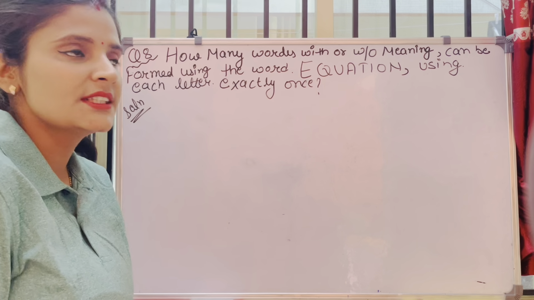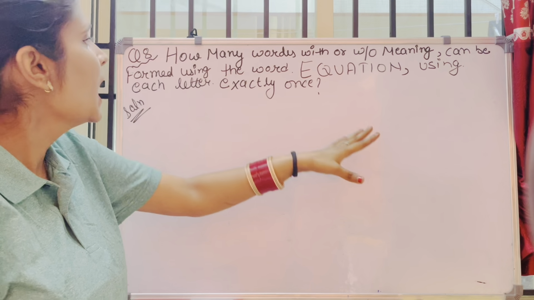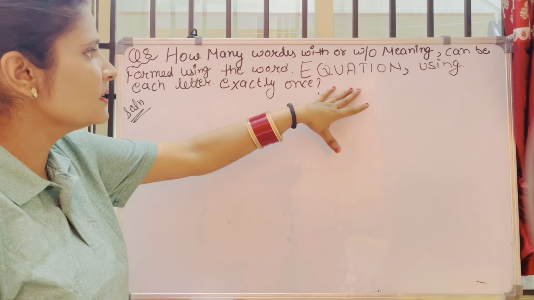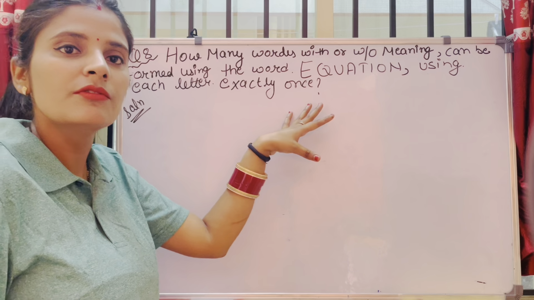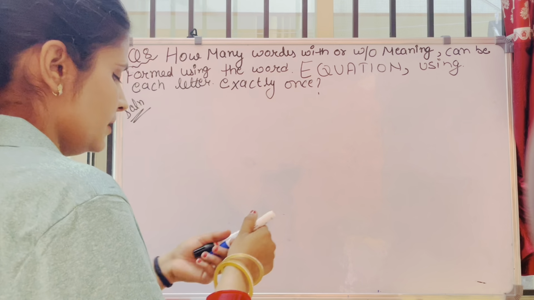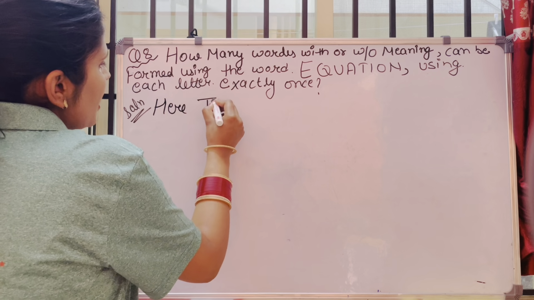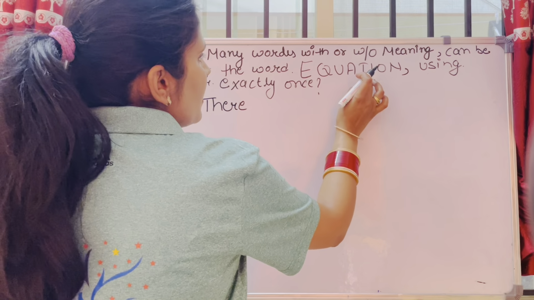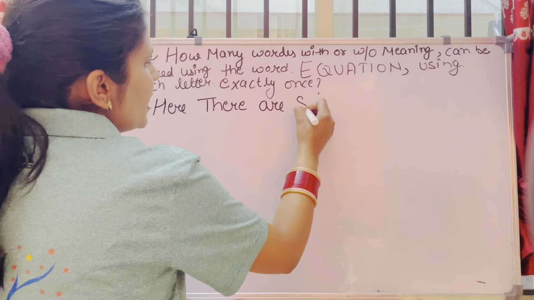So our next question is: how many words, with or without meaning, can be formed using the word EQUATION using each letter exactly once, right? So here we can see, how many letters are there? 1, 2, 3, 4, 5, 6, 7, 8. So there are 8 letters.